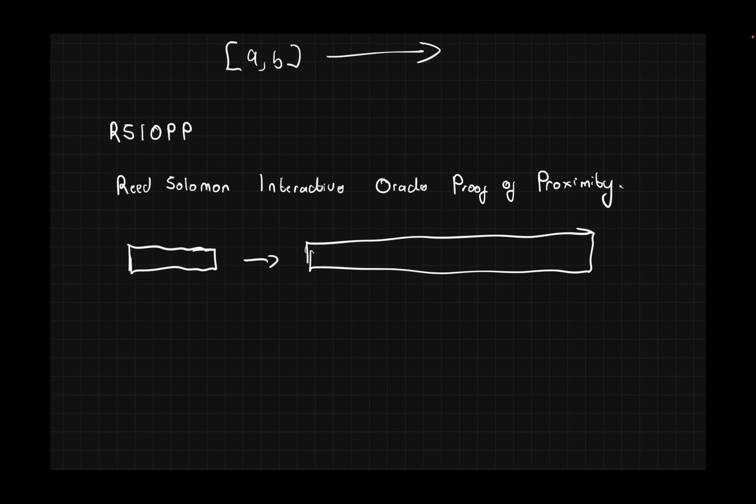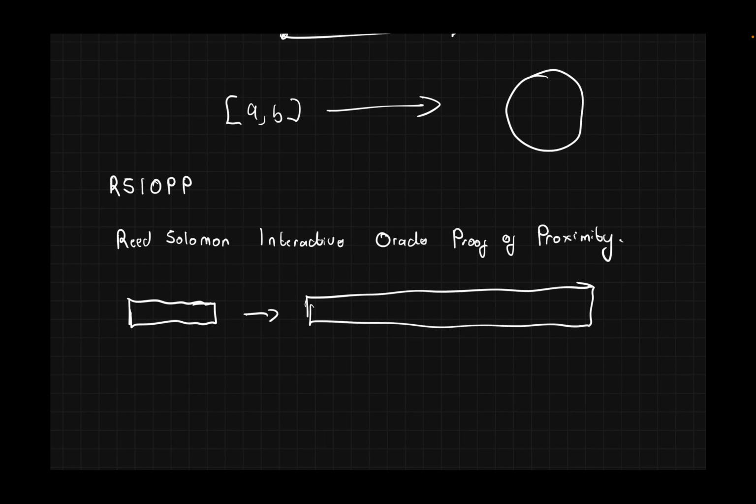So now you're trying to prove that this thing is a valid code word, or it is close to a valid code word. In the sense that if it is a code word, then it can only be somewhere here, right? It should be close to a valid code word. So that's the goal of RS, interactive oracle proof of proximity.